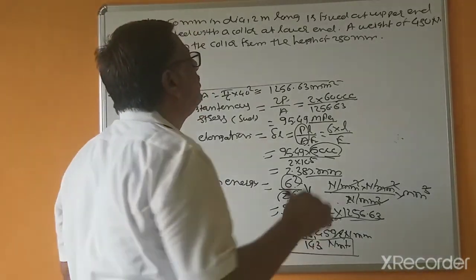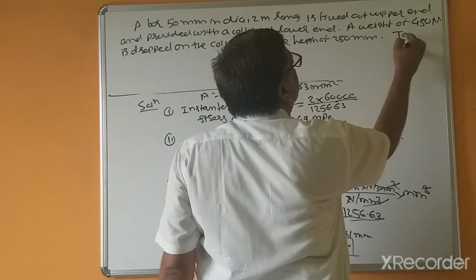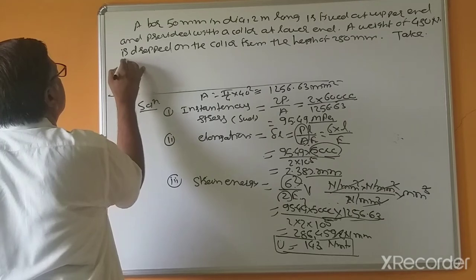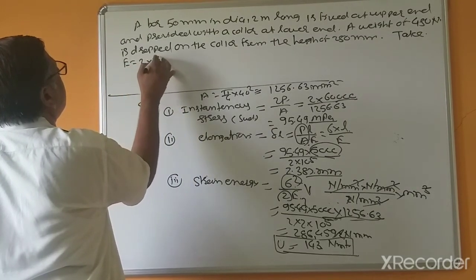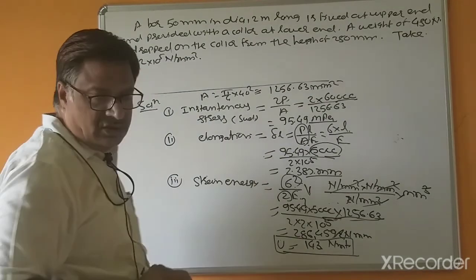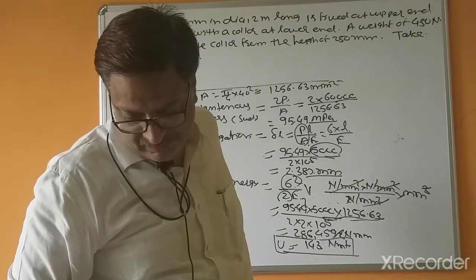Take E equal to 2 into 10 to the power 5 Newton per mm squares.